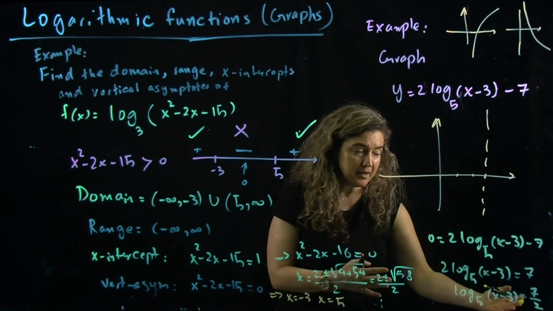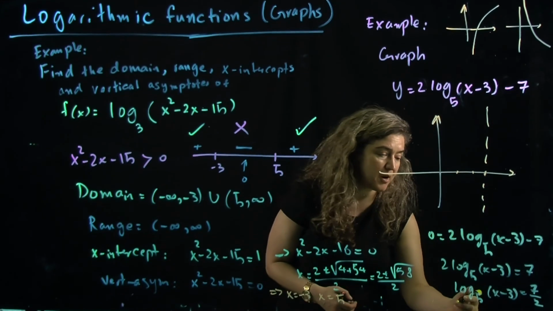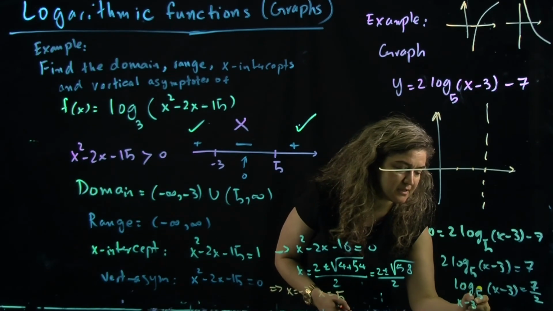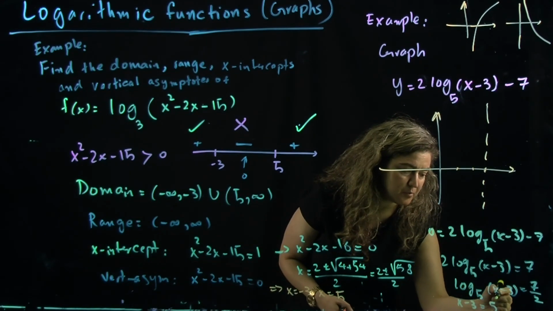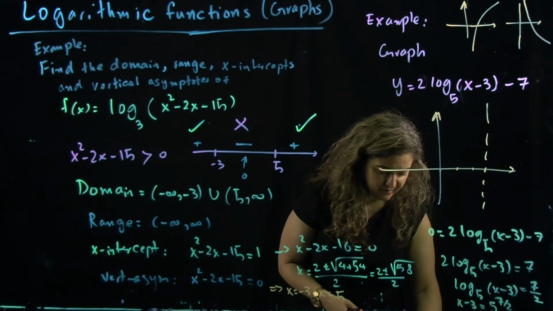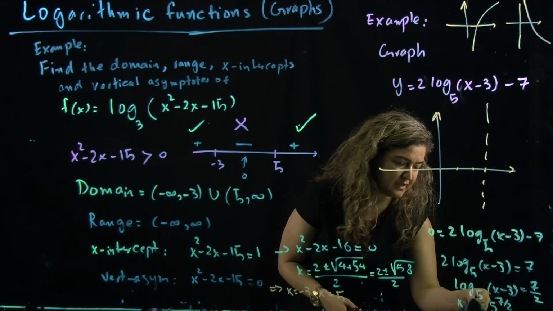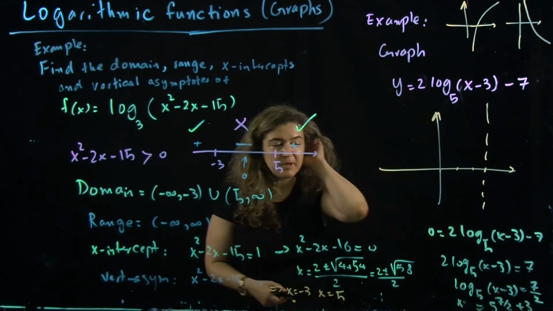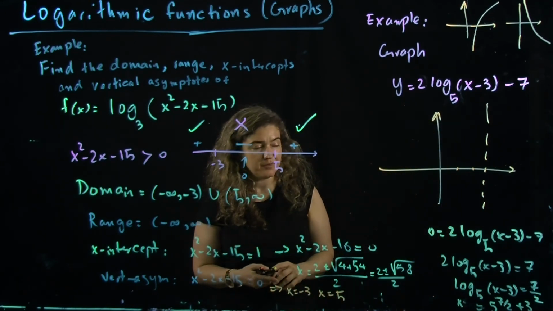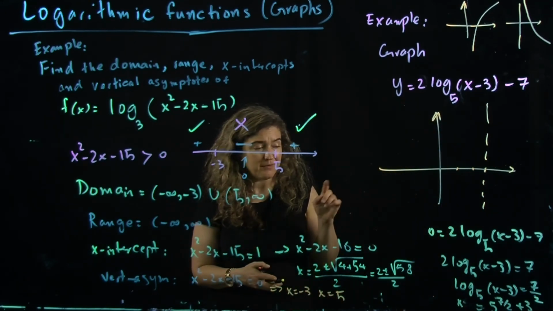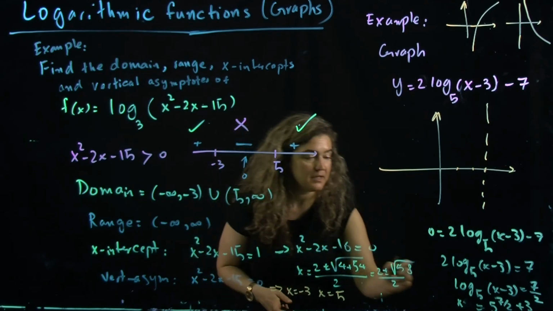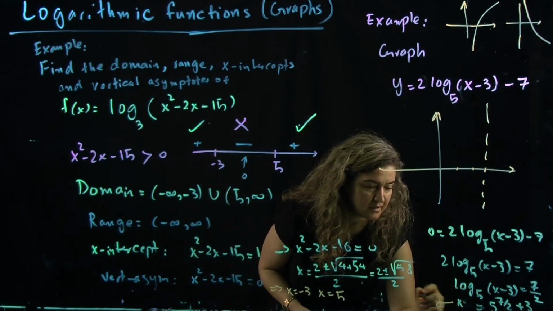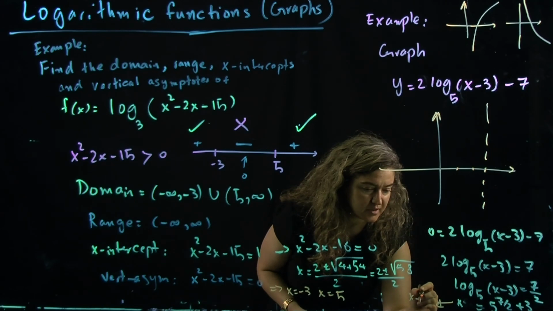By reversing the process, x minus 3 is equal to 5 to the power 7/2. Adding 3 to both sides gets me x equal to 5 to the power 7/2 plus 3. This is the x-intercept.